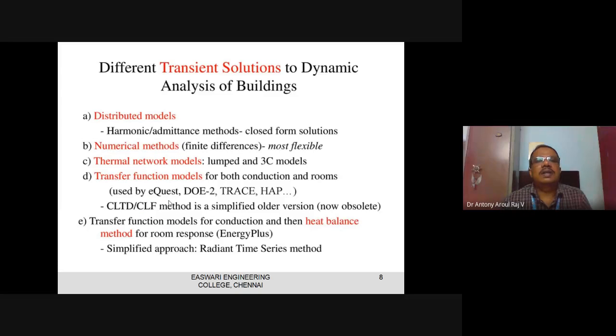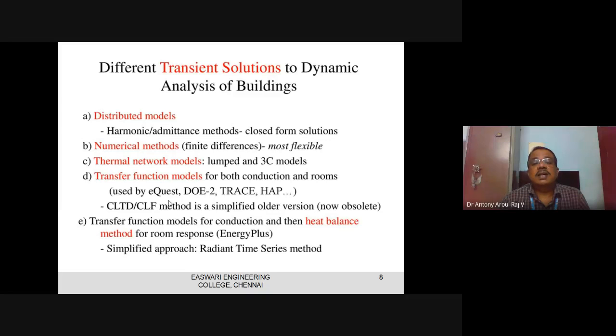And you have different transient solutions for dynamic analysis of the building. For distributed models, I have numerical methods, the finite difference method. You can even work out thermal network analysis, and there are some good books for studying it.